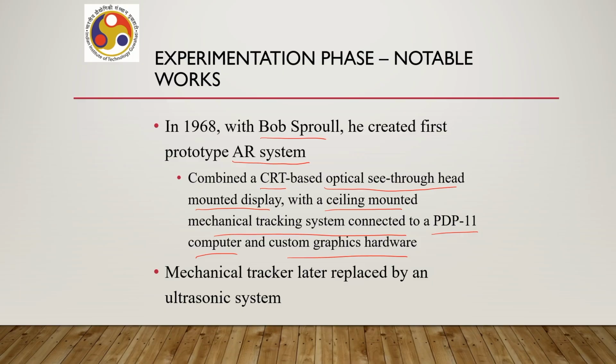Now, this tracking system was used to track the head movements and accordingly register things in 3D, one of the key characteristics of augmented reality, as we have discussed in the previous lecture. Now, this mechanical tracker was later replaced by an ultrasonic system.